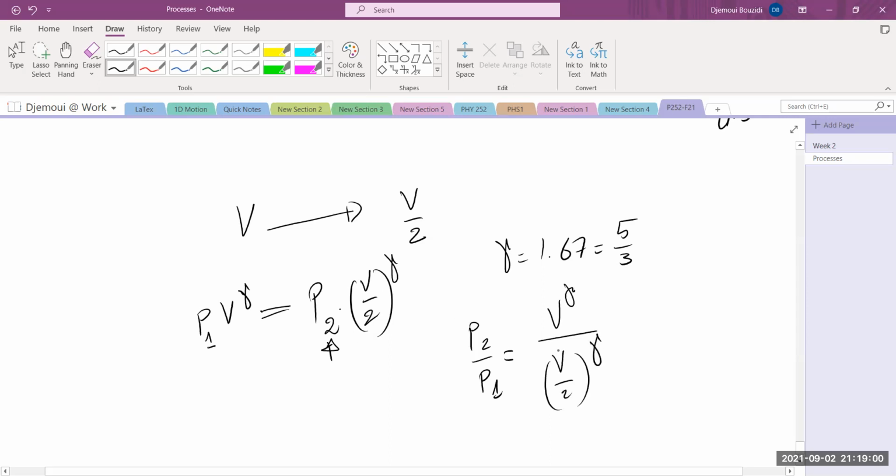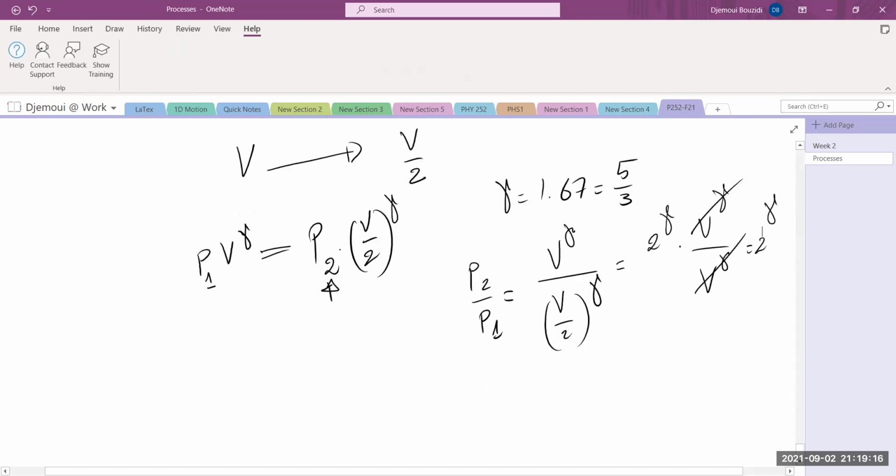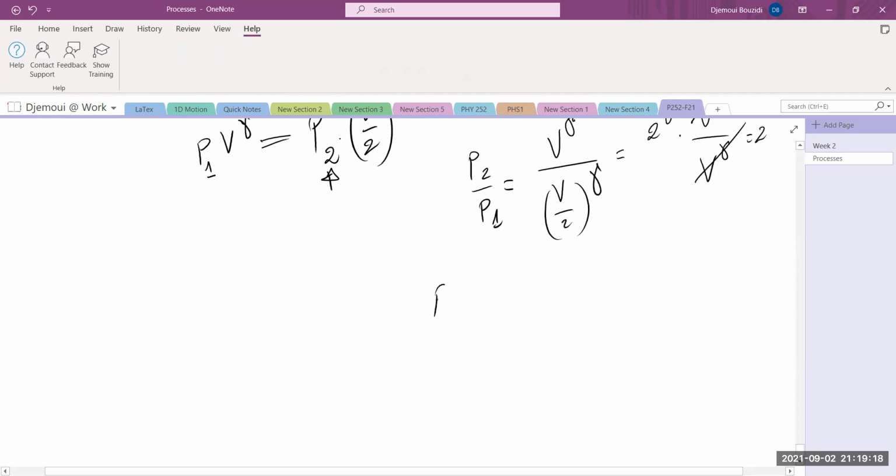Okay, if I do the math correctly, obviously this will be 2 to the power gamma times V to the power gamma over V to the power gamma, which cancels. And the answer is going to be 2 to the power gamma. So by what factor will the pressure increase? The ratio of the pressures is going to be 2 to the power 5 over 3 for this case.